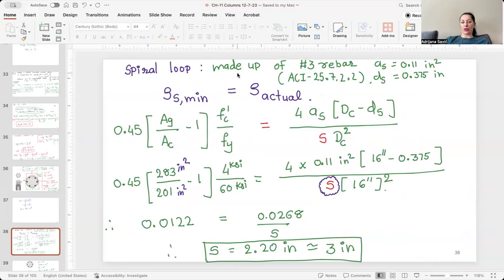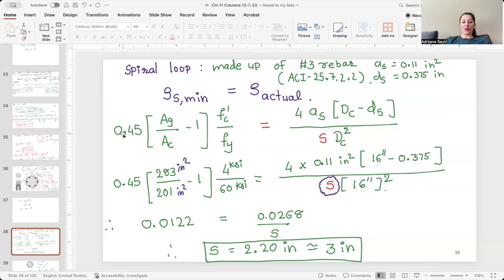The spiral has to be made of number 3 because if the main rebar size is number 10 or lesser, we use number 3. For number 3, the steel area is 0.11 inch square and the diameter of the rebar is 0.375 inch. For spiral columns, we use the equation rho s minimum equals rho actual.